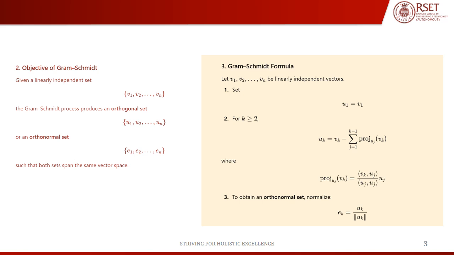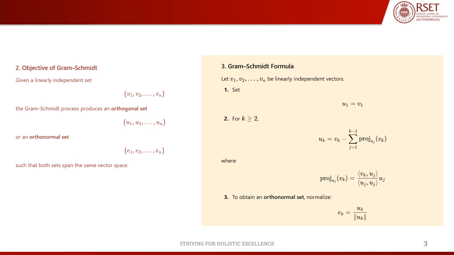Think that if I want to find u2, u2 is actually v2 minus the summation from j equal to 1 to k minus 1 of the projection. Hope you know the equation of the projection vector: projection of v2 onto u1. That is the equation to find u2, u3.